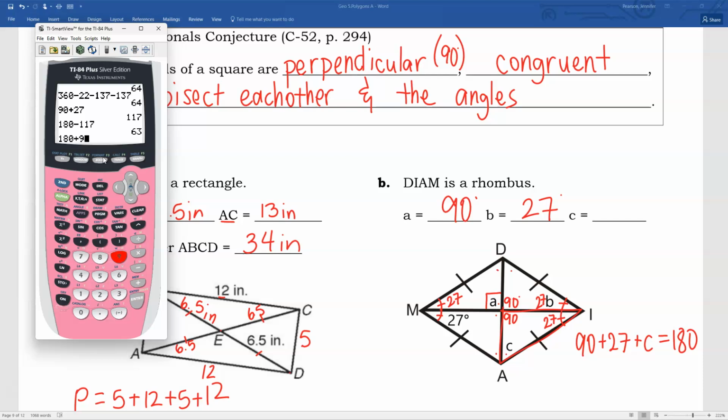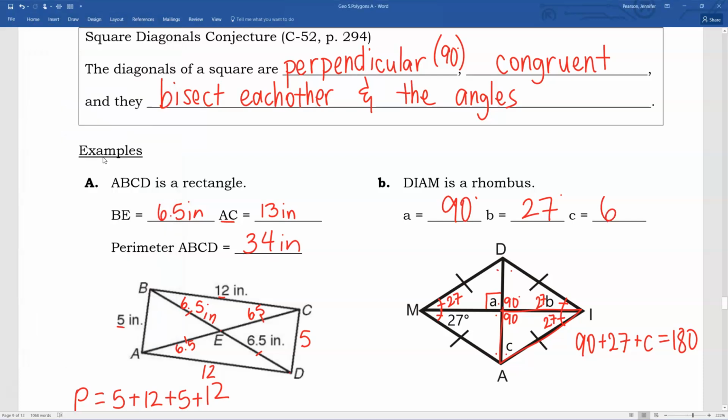It should give us the same one either way. Minus, and minus. 63 degrees for angle C.